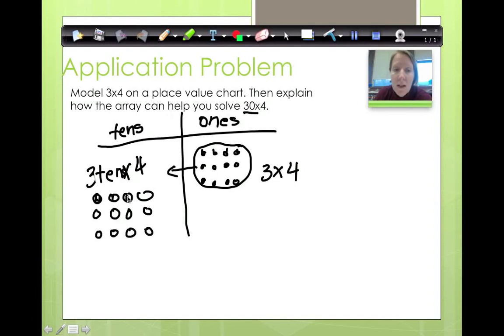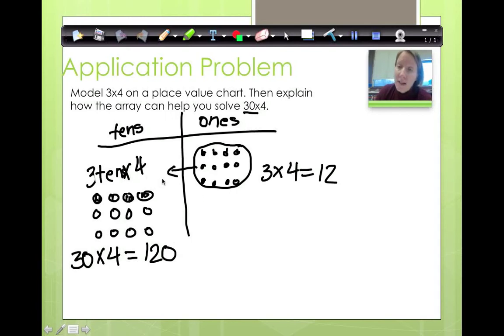So each one of these is 10 instead of counting by ones. If we count by ones, 3 groups of 4 equals 12. If we count by tens, then 30 groups of 4 is going to be what? 120, because we've now moved it over to the 10 side.